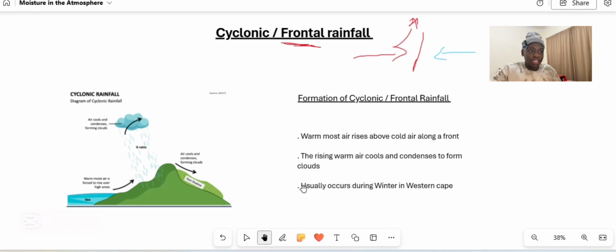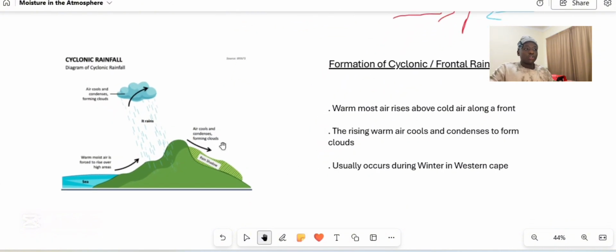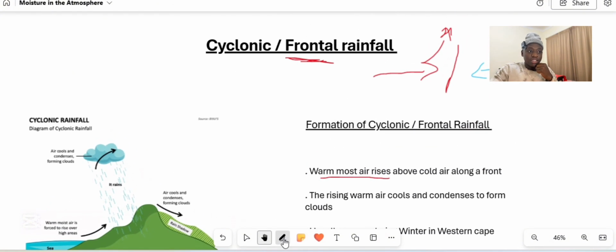Let's get into the formation of cyclonic or frontal rainfall. Warm moist air rises above cold air along a front. This is what I was saying: warm air rises above the cold air along a front.